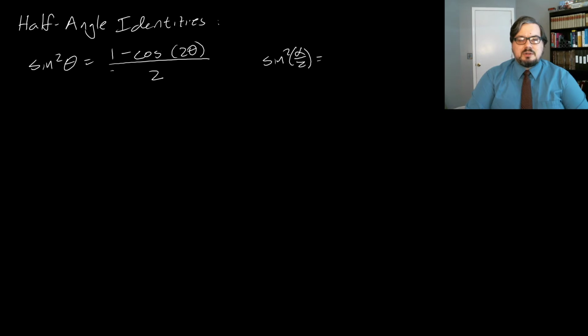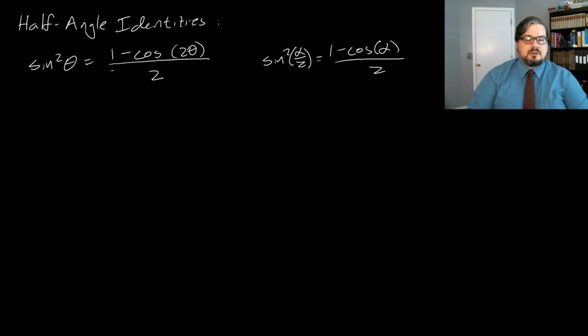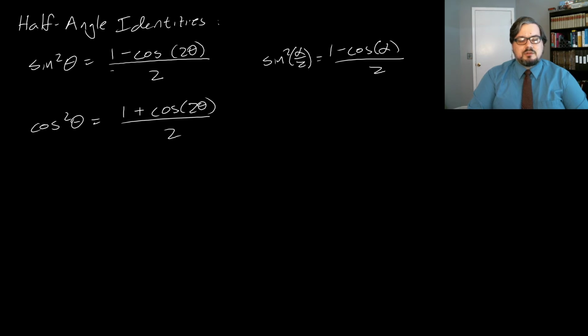We have that sine squared theta is equal to 1 minus cosine of 2 theta over 2, or equivalently, sine squared of alpha over 2 is equal to 1 minus cosine of alpha over 2. Those are two equivalent ways of writing down the same thing. Cosine squared theta is equal to 1 plus cosine of 2 theta over 2.